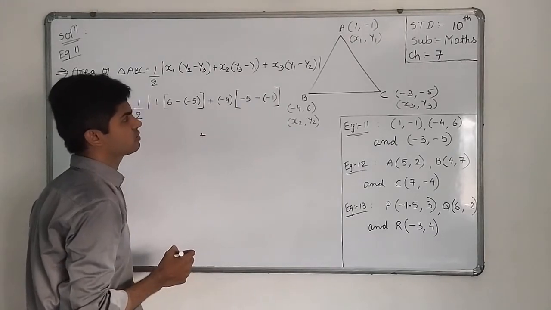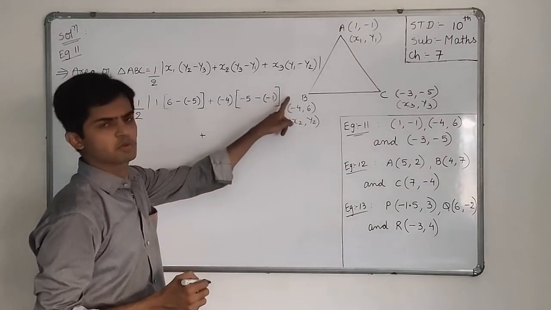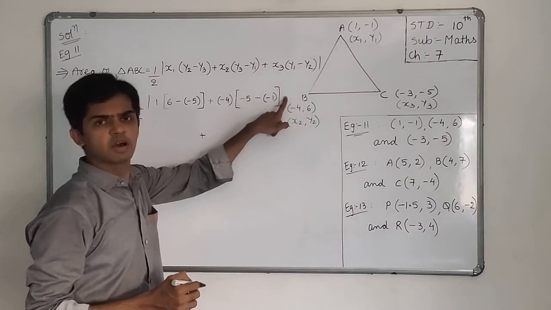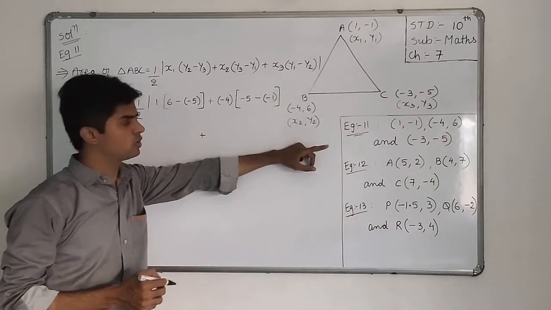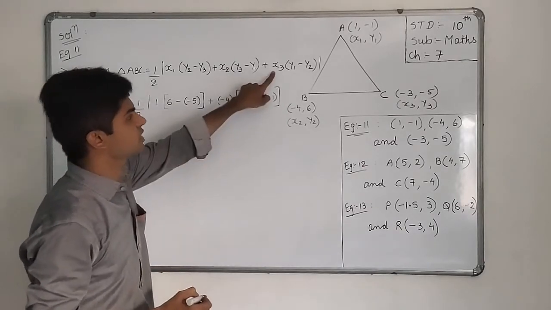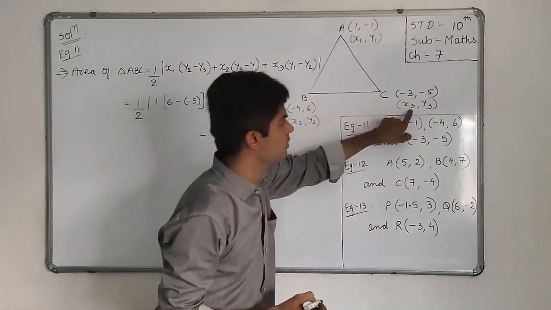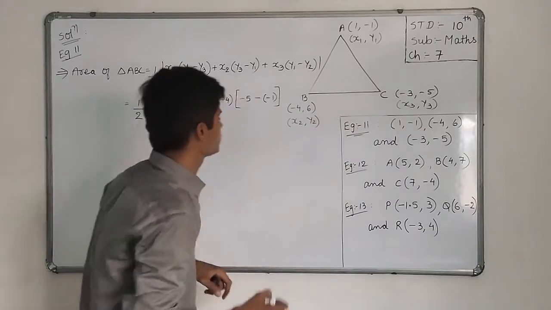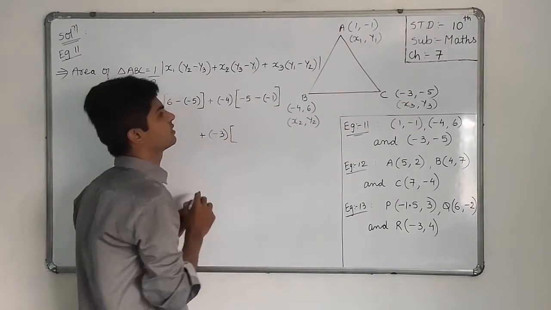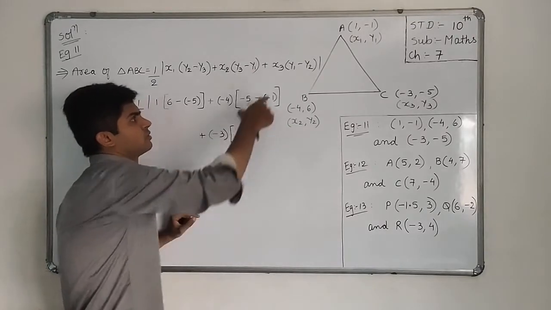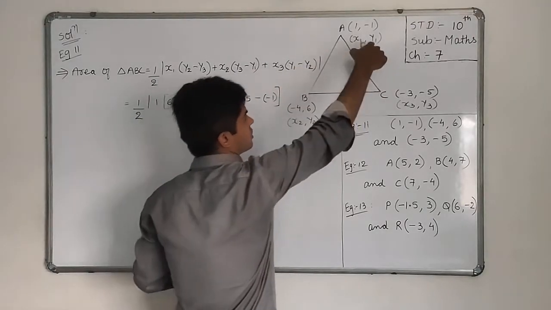Okay, x3, what is the value of x3? यहाँ पे space नहीं है. But when you are writing in notebook, you should write in a single line only. Okay, x3. What is the value of x3? Minus 3. So instead of x3, I am writing minus 3. Bracket. y1 minus y2. What is your y1?